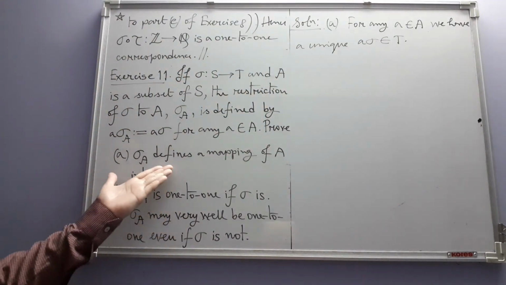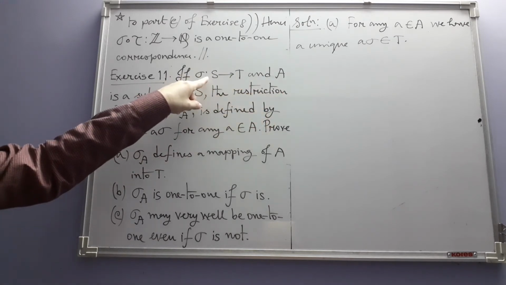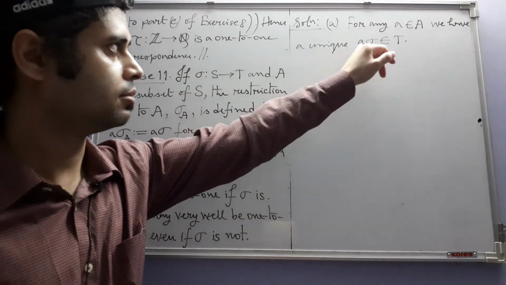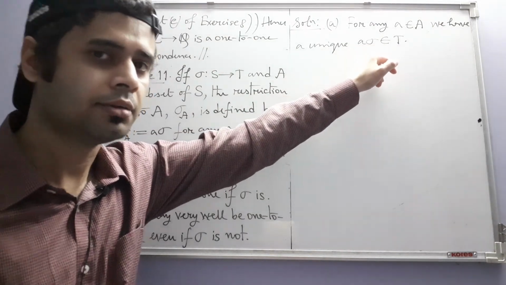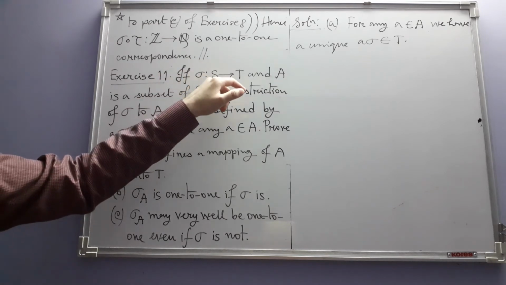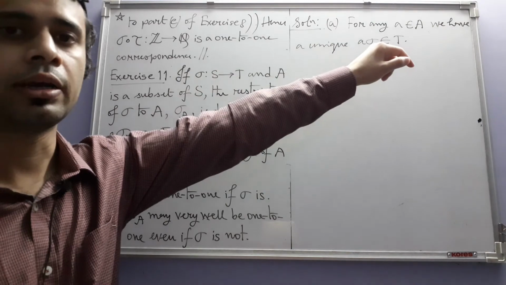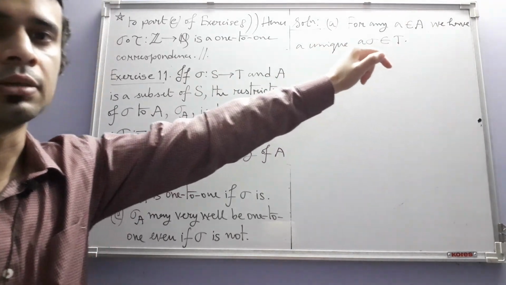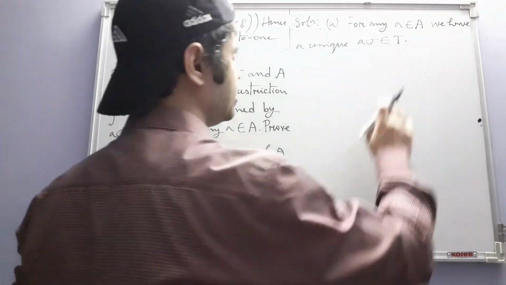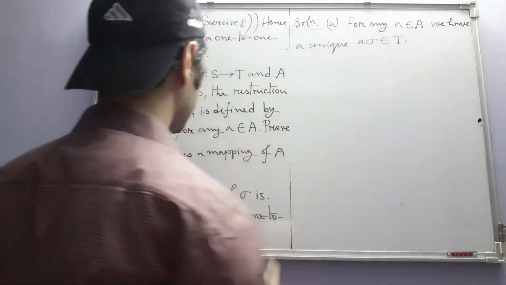It is coming from the fact that sigma is a well-defined mapping. So for any element in S, there is a unique image of that element under sigma. This statement can be said not for all elements in S, but in particular for all elements in A, in the subset. There also the statement is true. So here you are getting that for every element in A, there is a unique a sigma in T.